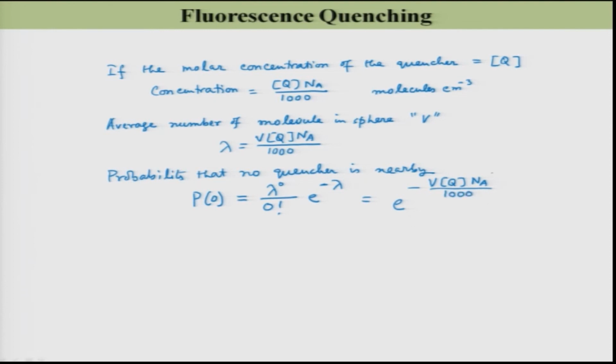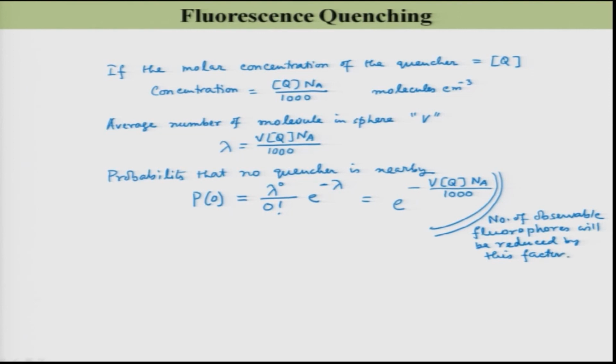It means that the number of observable fluorophores will be reduced by this factor, because this is P(0), no quencher is nearby, right.